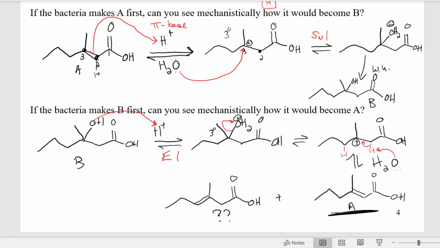I mean, the double bond is tri-substituted, right? It's also tri-substituted here. Given what you learned in previous chapters, very recent chapters, exam 2 material, what tells us about stability between A, which is the product we see, and the other one, which we don't see?